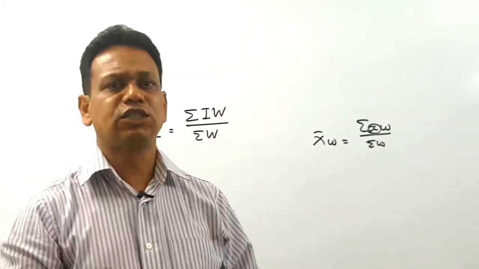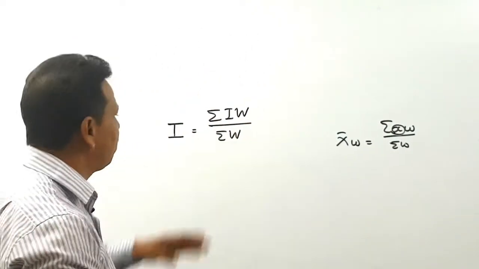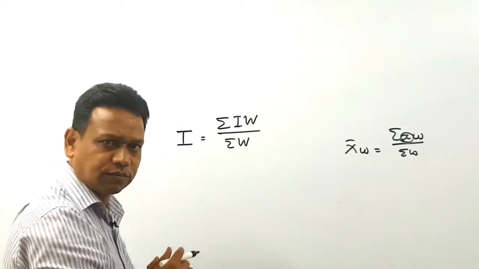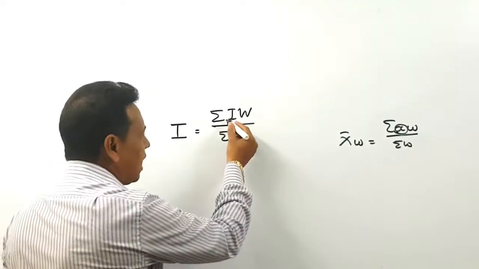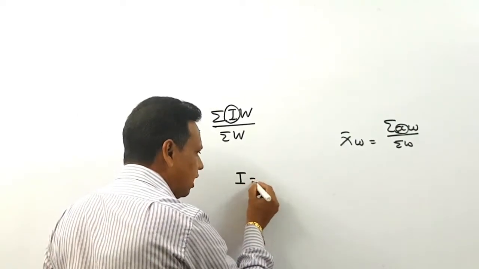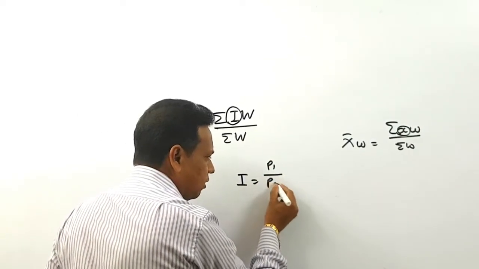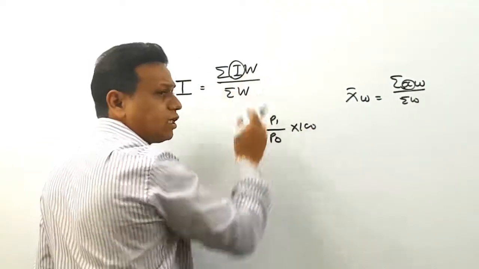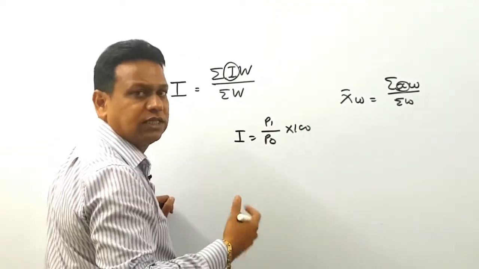This index number is very useful, and the simple formula we have is sum of IW divided by sum of W. My dear friends, I indicates the index number. To find I, we have the formula P1 divided by P0 into 100, and W is called weightage, also known as importance.